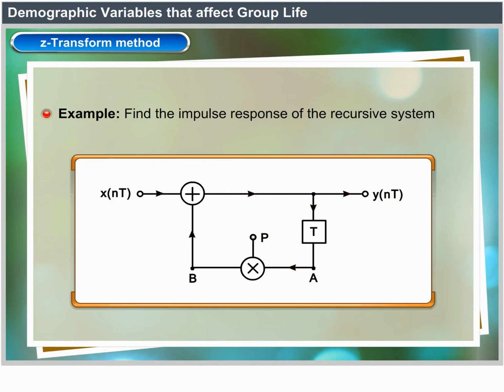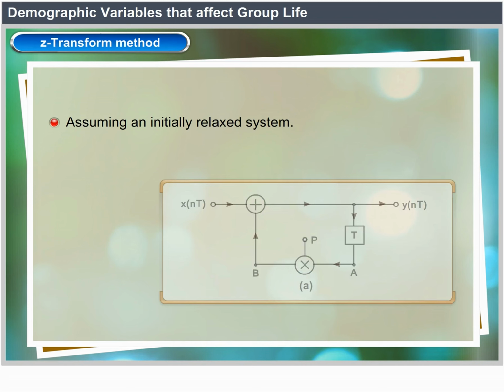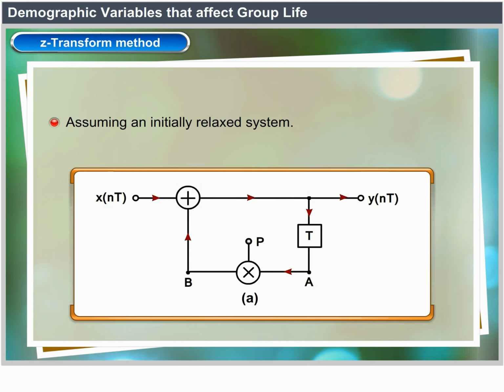Here x[n] is summed up with p, which has already been multiplied by y[n], since the T is in the reverse direction, assuming an initially relaxed system.